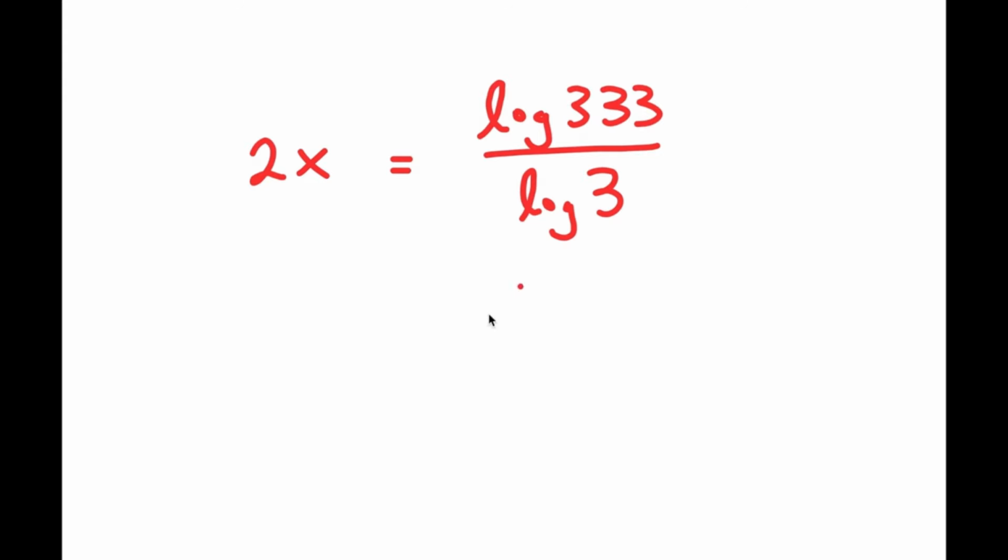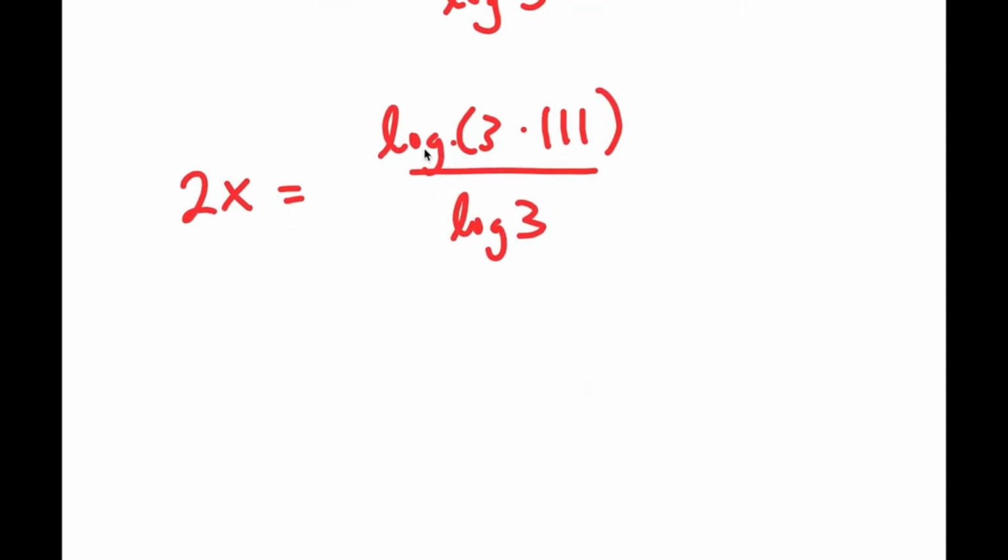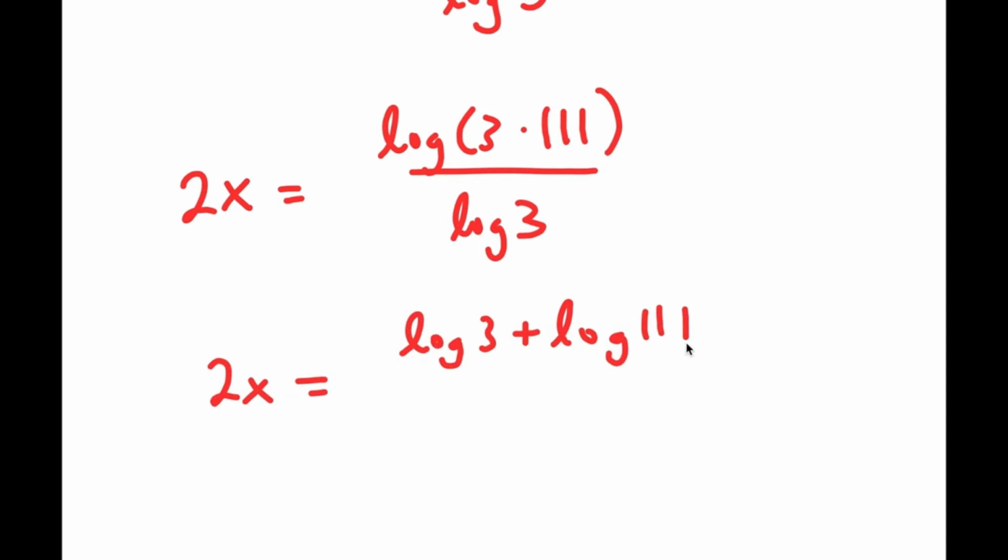Now I'm going to rewrite log 333 as log of 3 times 111. And if I have something in this form, this is the same thing as log 3 plus log 111.